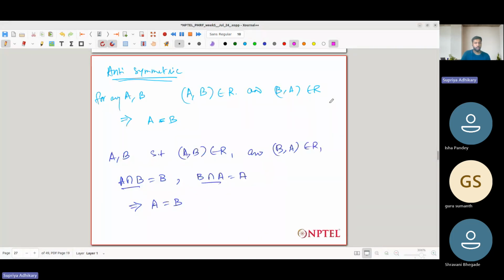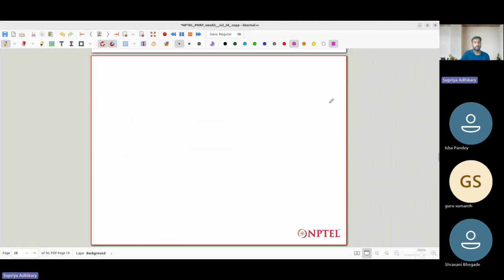And what about R2? For R2 again, we can consider AB belongs to R2 and BA belongs to R2. Both of these pairs belong to R2.